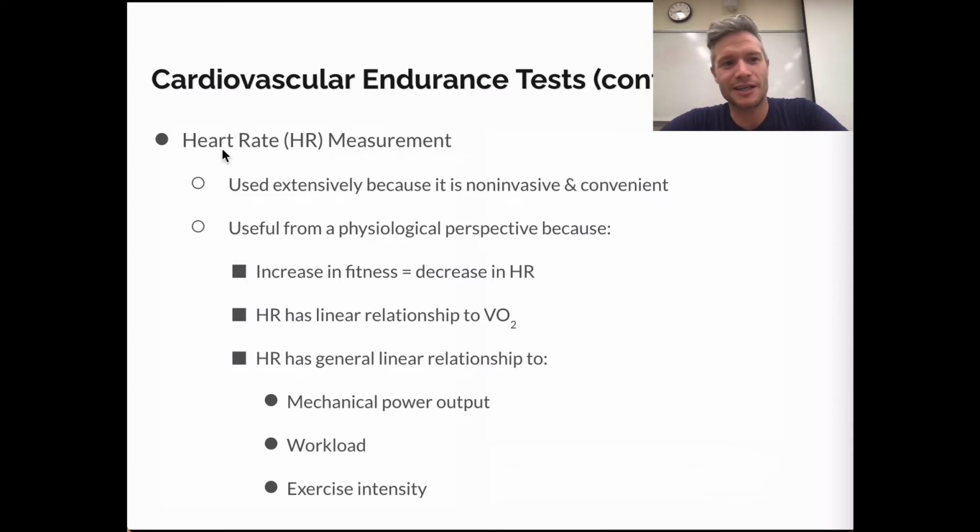So getting back to why we use heart rate as a measurement, well, we know from a physiological perspective that our heart rate is a great indicator because of our cardiovascular system. The heart is the mechanical pump for that. So what we tend to find is as our fitness and accordingly our health increases over time, we'll see a decrease in resting heart rate.